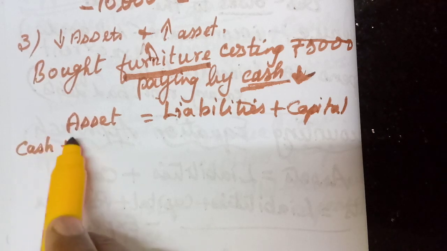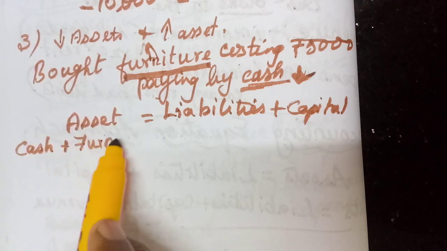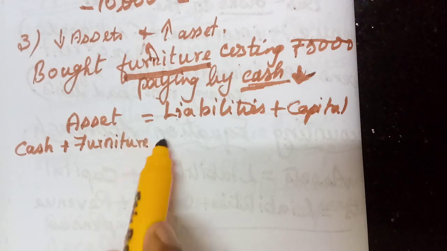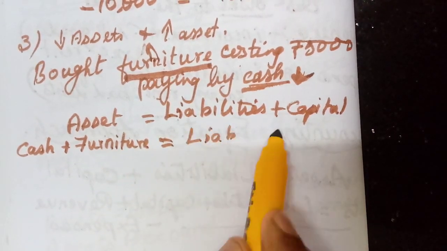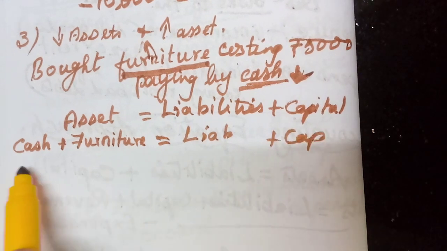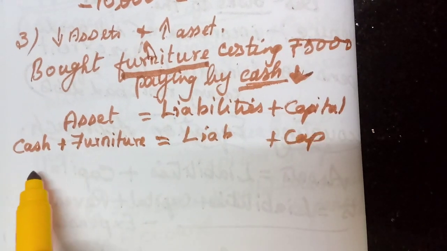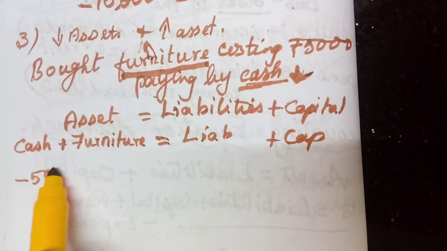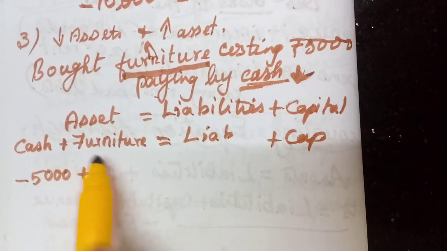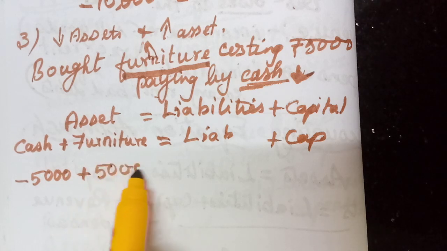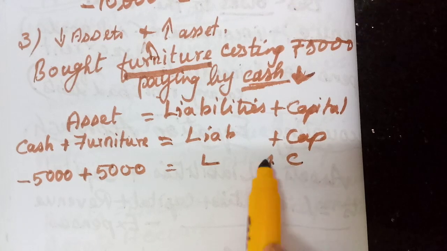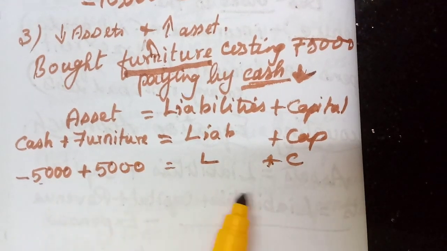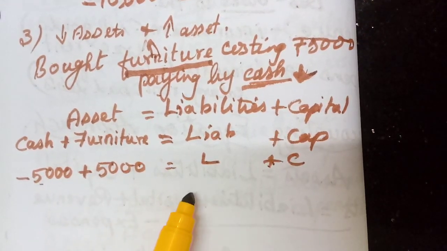Cash, furniture equal to liabilities and capital. Okay. So how much cash? Cash is reducing, isn't it? The amount is 5,000 plus furniture increasing 5,000 equal to liabilities plus capital. Okay. So here 0 it will come. Here also nothing. So it is coming 0.